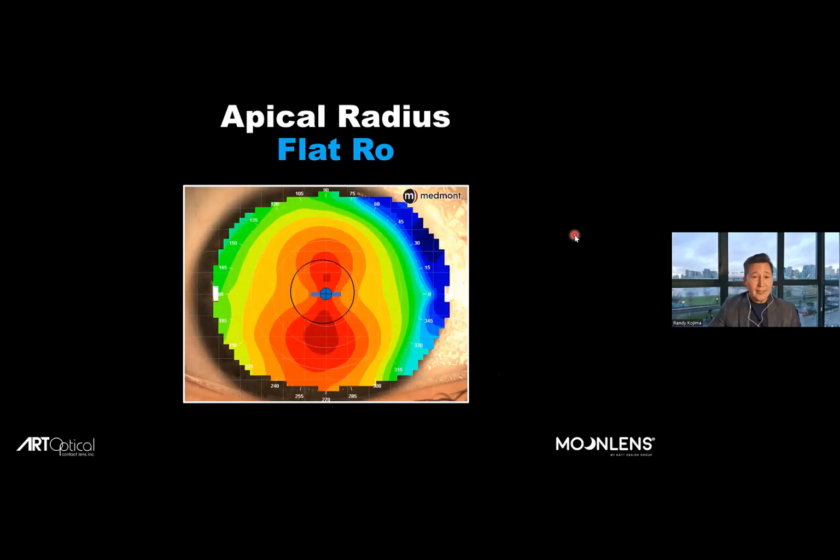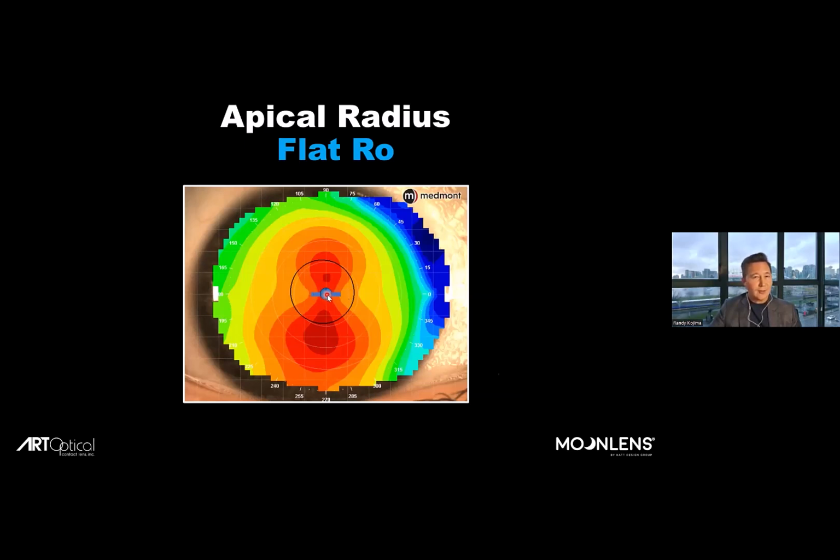Now, the flat R0 means the flat radius at zero distance from center. So we're not talking about the K readings. We're talking about the radius of the eye right in the center of the topography. So we're looking for this spot right here and this spot across the flat axis of the eye.